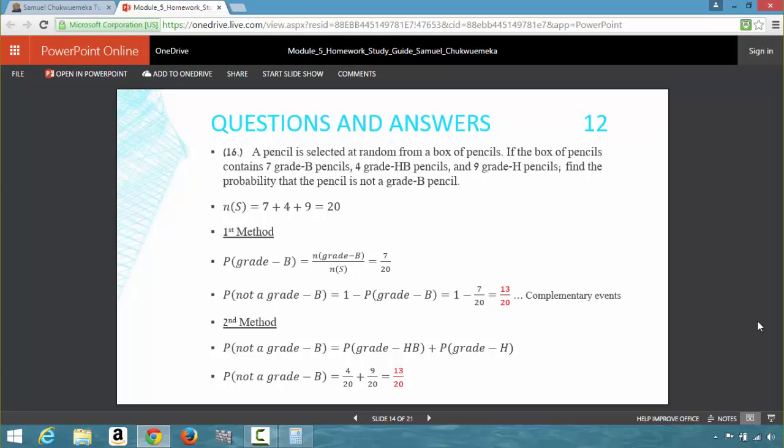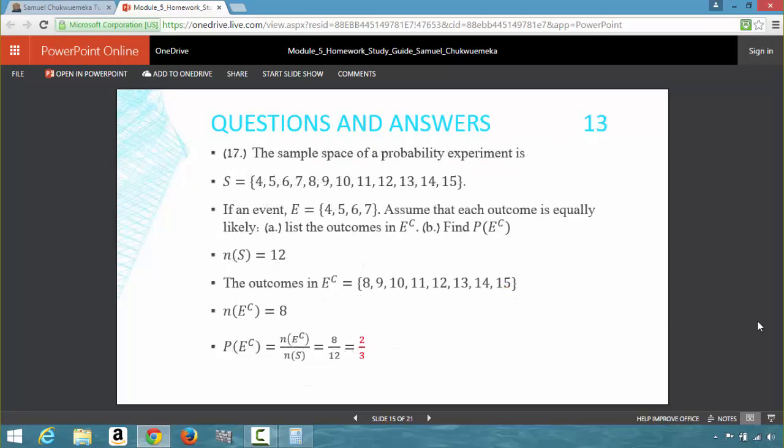Question 16. Oh, that was the question I just did. Question 17. The sample space of a probability experiment is this: 4 through 15. If an event, this is the event space, assume that each outcome is equally likely.